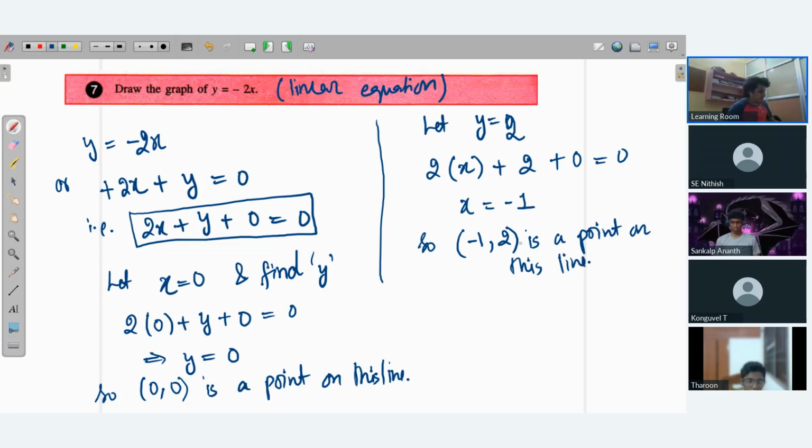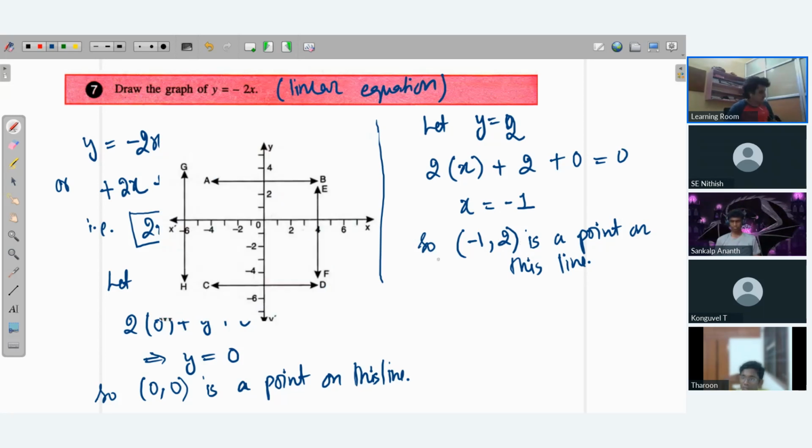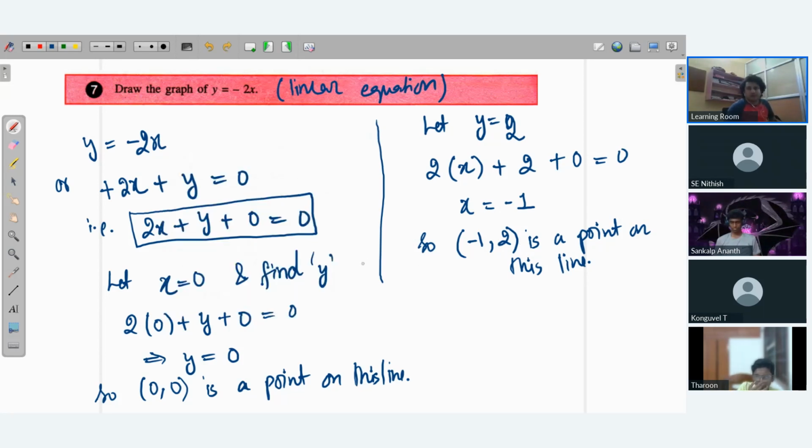So now I bring the chart paper and first plot these 2 points and then join these points with an indefinite line.